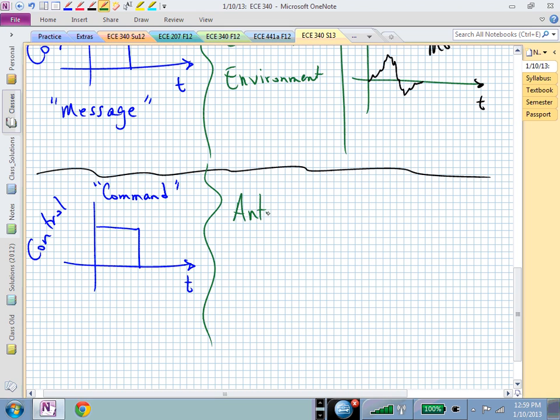It might be an antenna. It might be a telescope. It could be a robot arm. It might be a motor. Those are now the systems that this input signal, x of t, is being applied to.